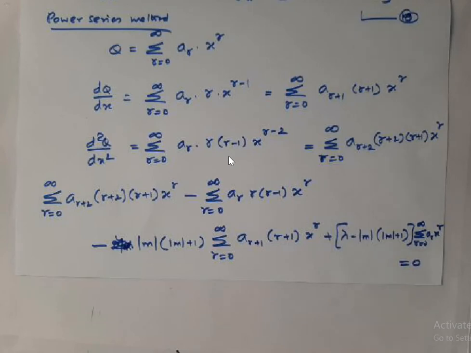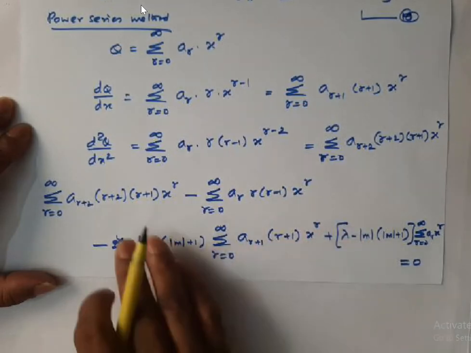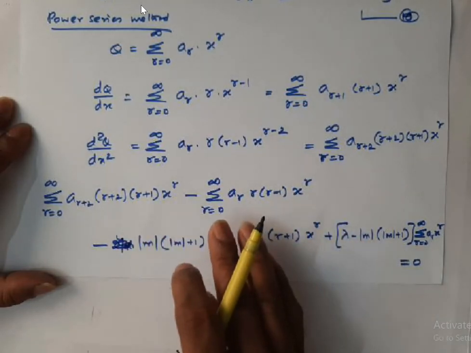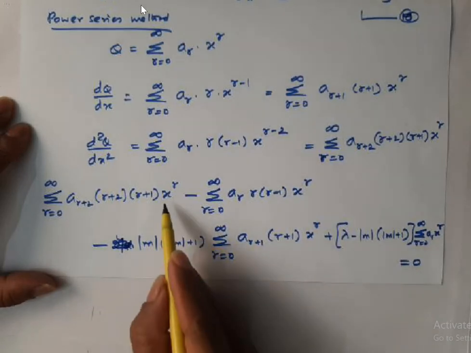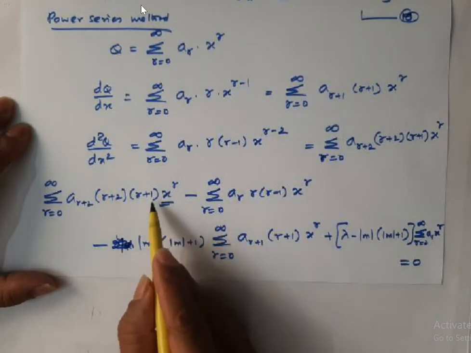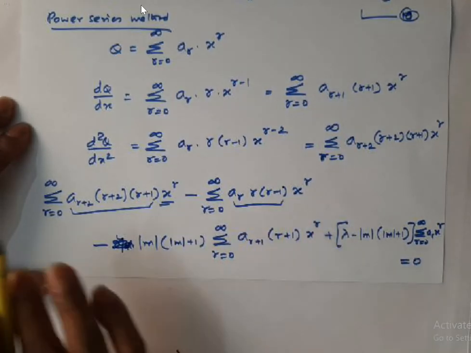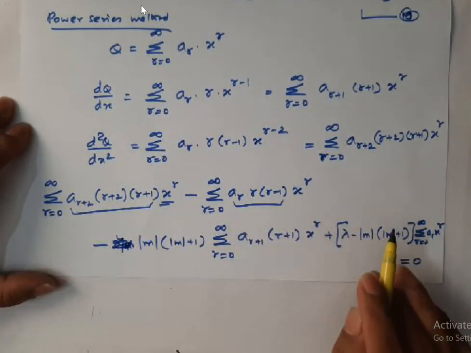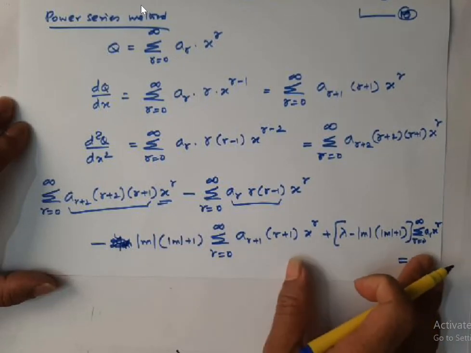Now, for this equation to be valid, the sum of every coefficient of x should be 0. Suppose I take the coefficient of x power r; that should be equal to 0. If I add all the things, I'll get the value as 0.